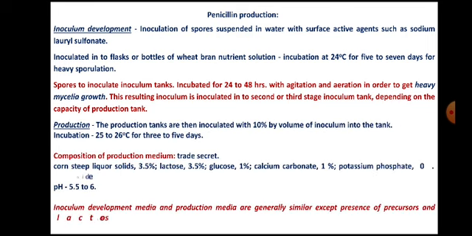Now the important part is the incubation conditions. The incubation temperature is 25 to 26 degrees Celsius and the fermentation may last for a maximum of 5 days. Now the important component is the composition of the production medium.